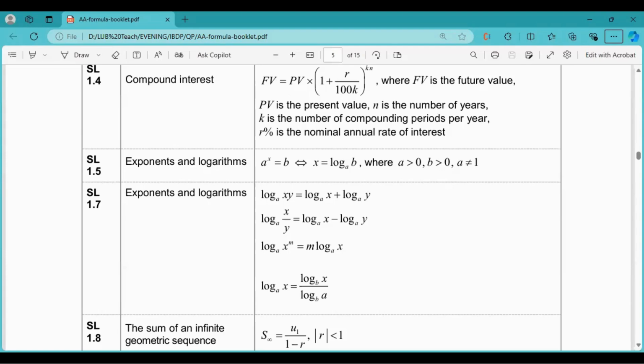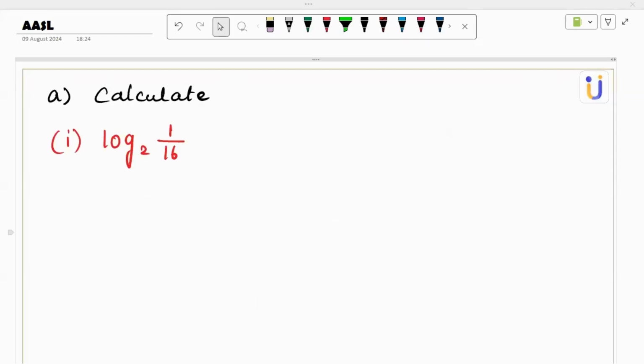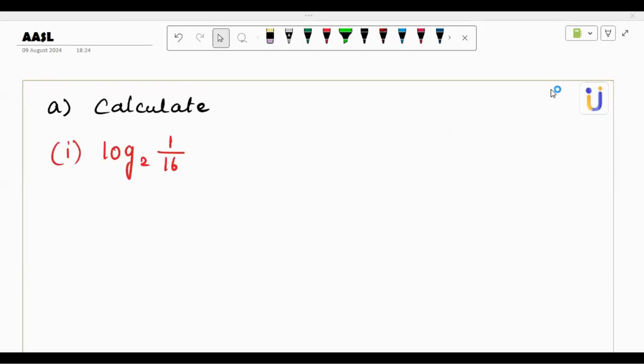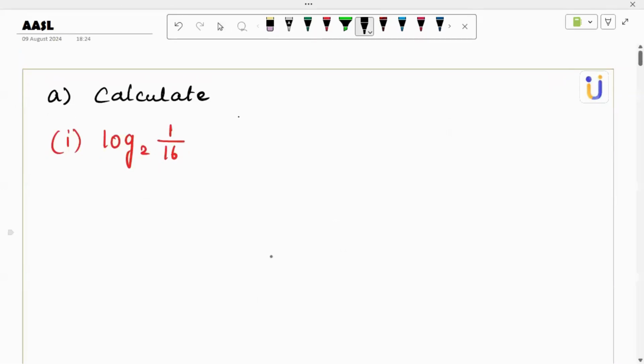Okay, first one is log base 2 of 1 over 16. Let's solve. We can make a strategic approach here. I want to evaluate what this is, so let it be A as of now. Then you transpose this log 2 to the other side. Like inverse: if you divide, it will go multiply, the plus will go minus.